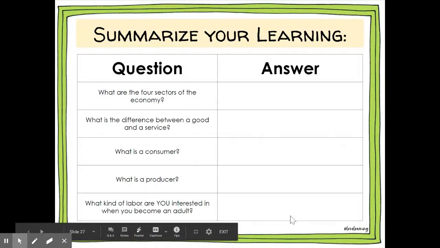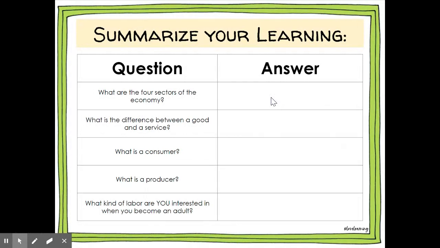Okay, I'm going to let you watch the rest of that video on your own. But as far as your notes are concerned, I want you to be able to summarize your own learning in your own words. And I want 2 or 3 sentences for each of the questions on this last slide.